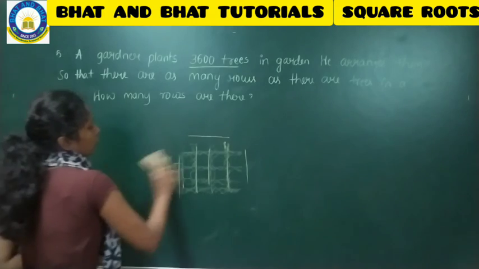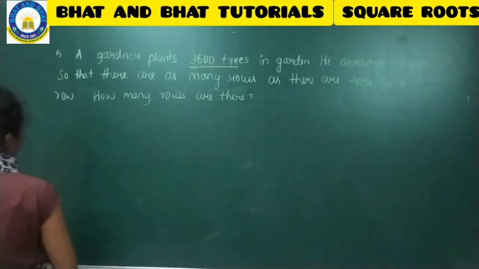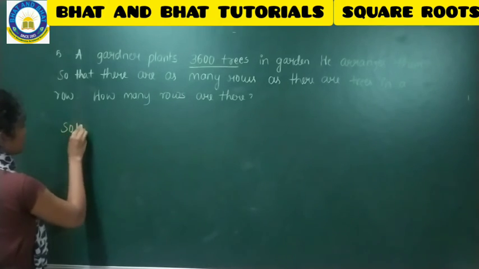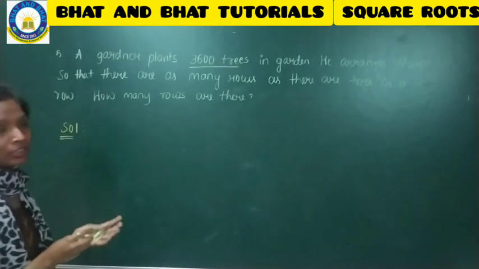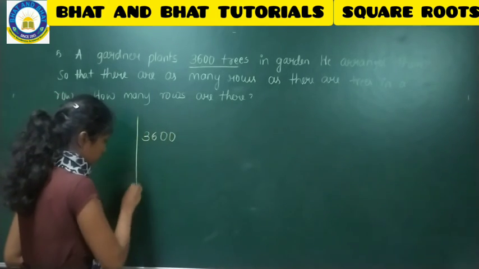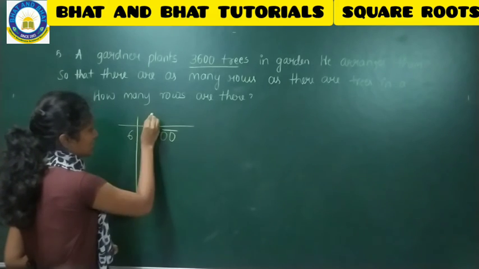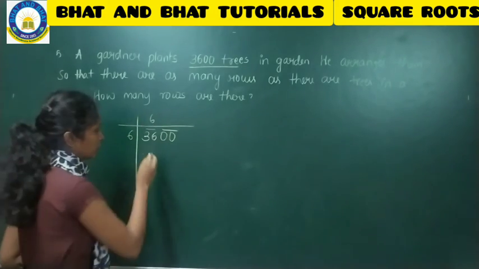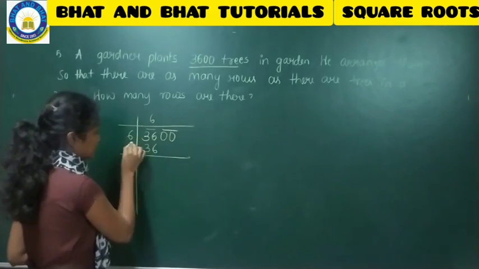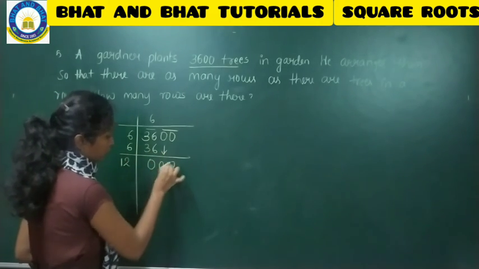So what we have to do, we can go either with prime factorization or division to find the number of rows. I'll go with the division method. First pairing the numbers. 6 6s are 36, 6 12, remainder 0. Take the zeros.